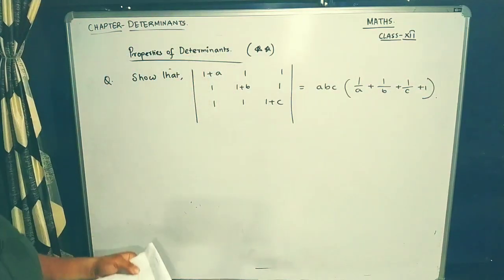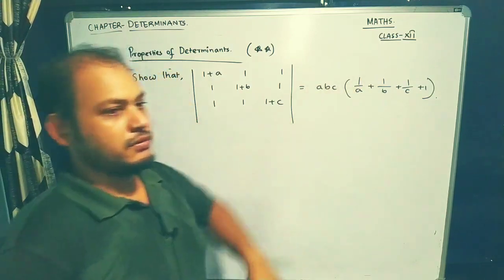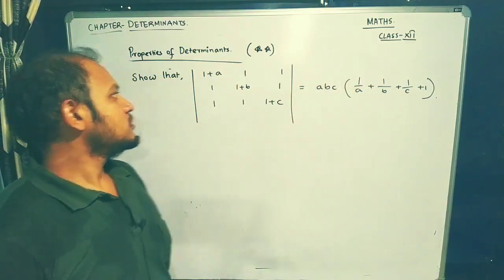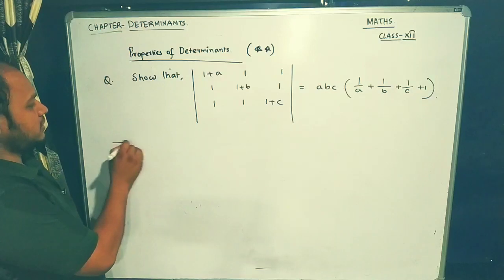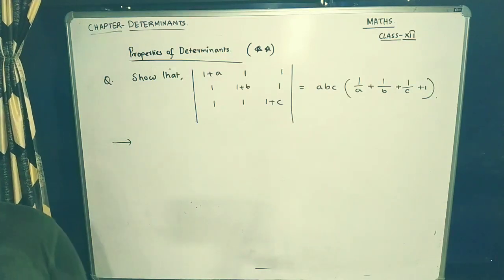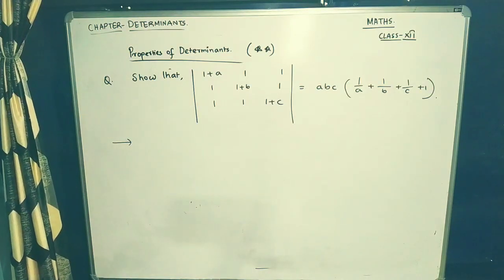Prove that this determinant is equal to this expression. So how can you do that? Think about it for a second. I give you some time to think about it.